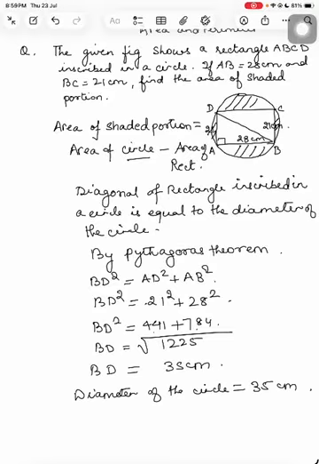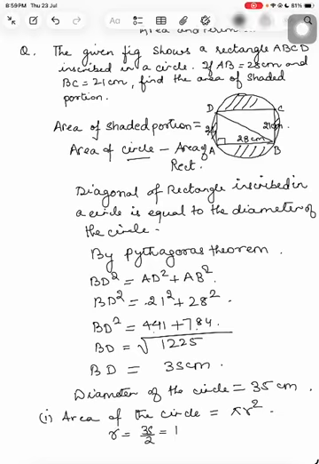Now let's find the area of the circle. First we'll find the area of the circle. So area of the circle will be pi r square. What is r? Half of 35, diameter is half, that is 17.5.